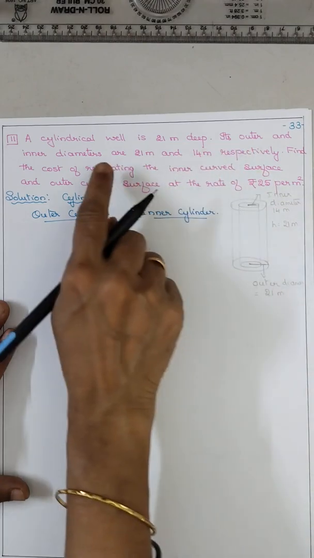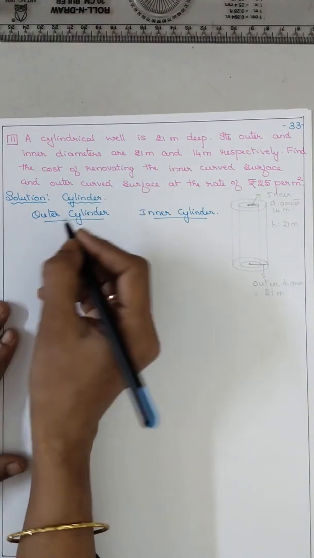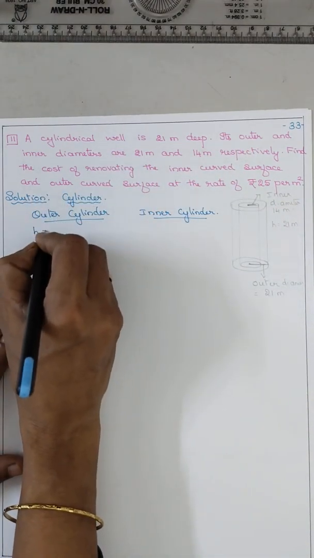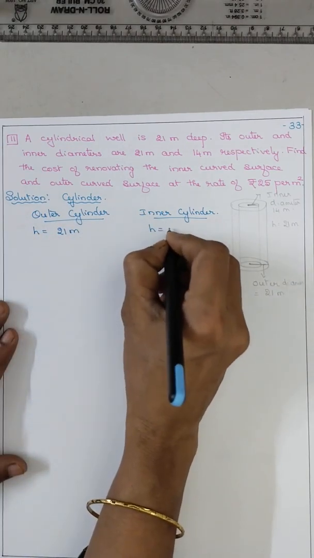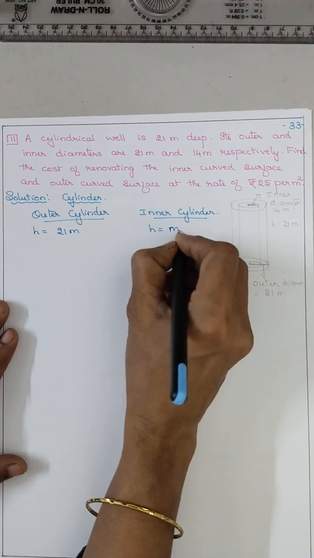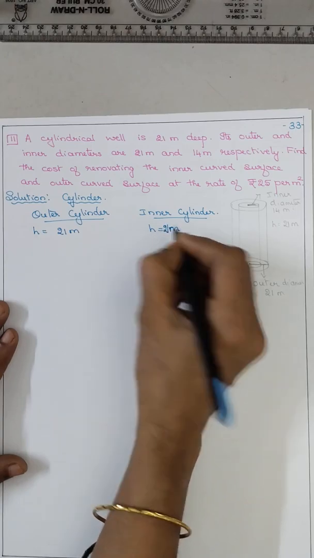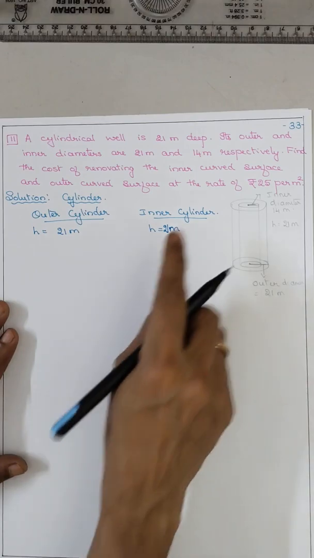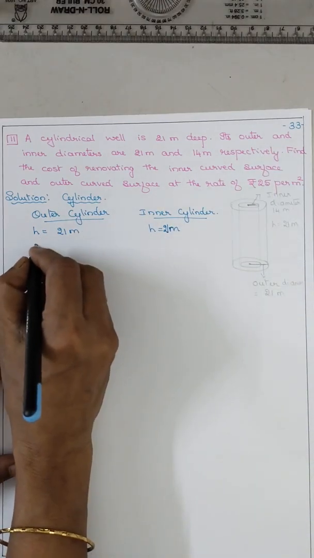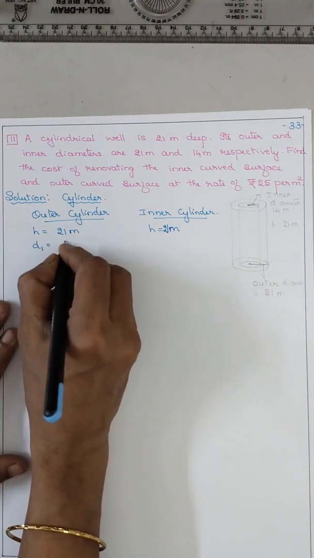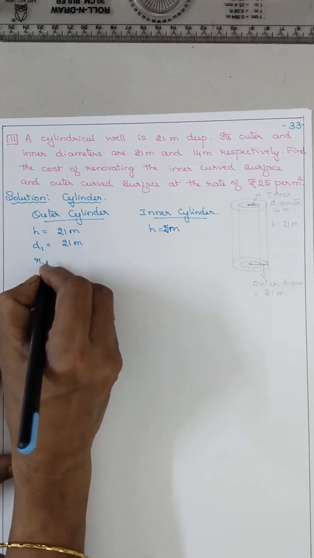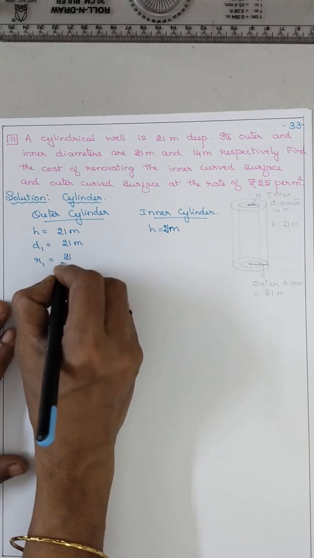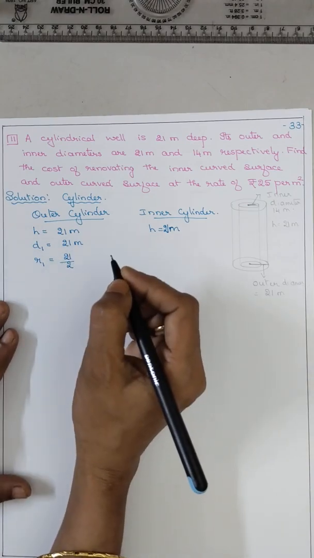First, the diameter is given. Okay, h is given, we'll write h, and for both it will be the same, 21 meter. Now the outer diameter, that is D1, is equal to 21 meter. So R1 will be 21 by 2.